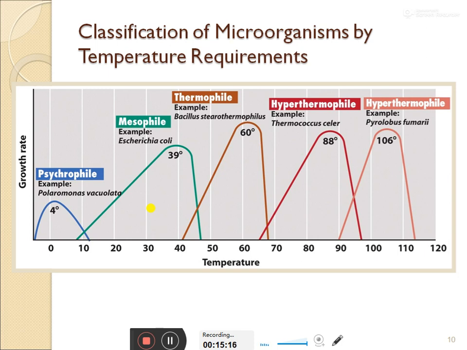Then hyperthermophiles, Thermococcus celer, and Pyrobolus fumarii. So these are the bacteria classified according to the temperature required for growth.